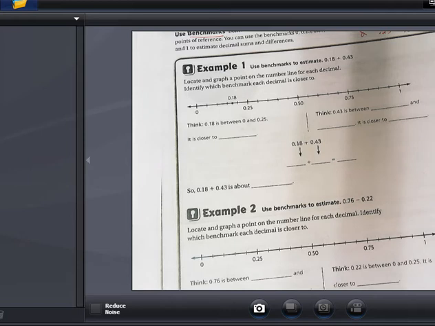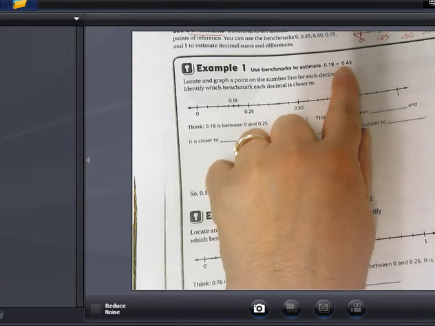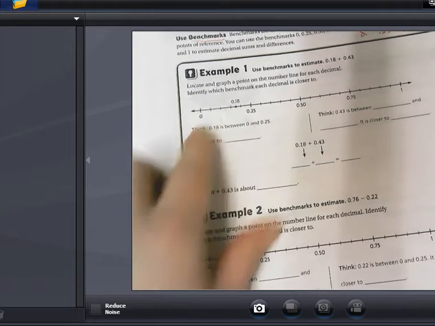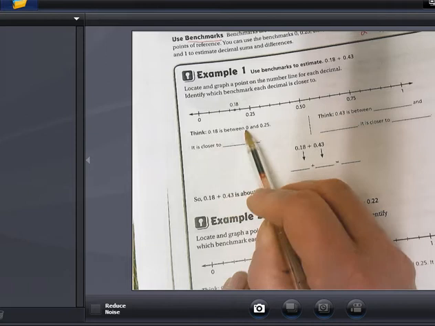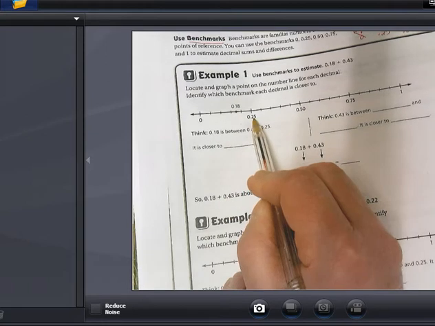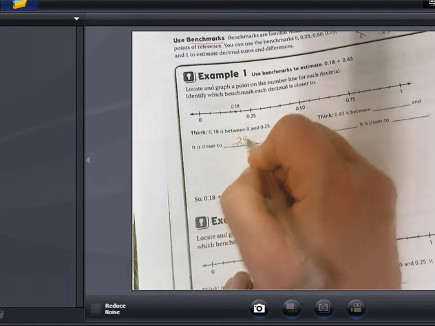So if we look at this benchmark number line, we're going to estimate 18 hundredths plus 43 hundredths, so we're going to locate those on there. 18 hundredths is between what? The 0 and the 25. But which is it closer to? It's closer to 25 hundredths.